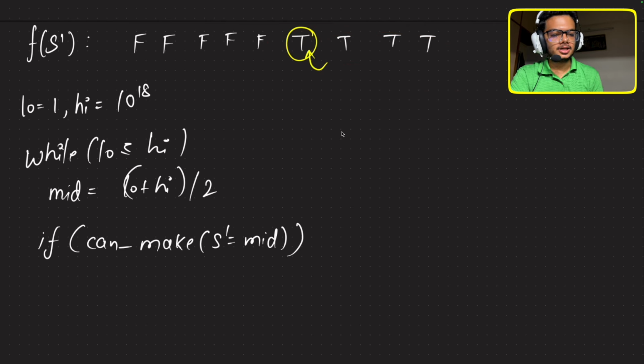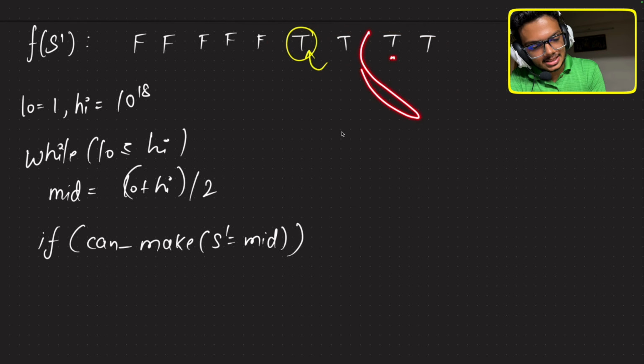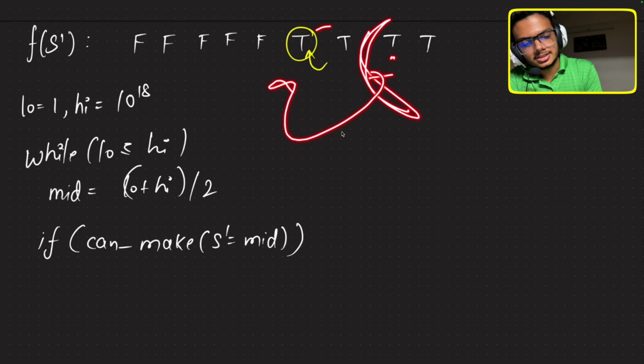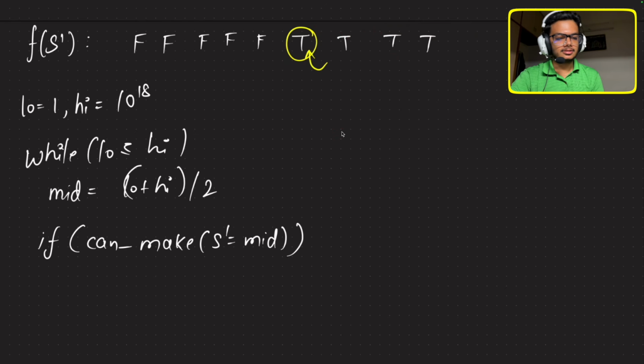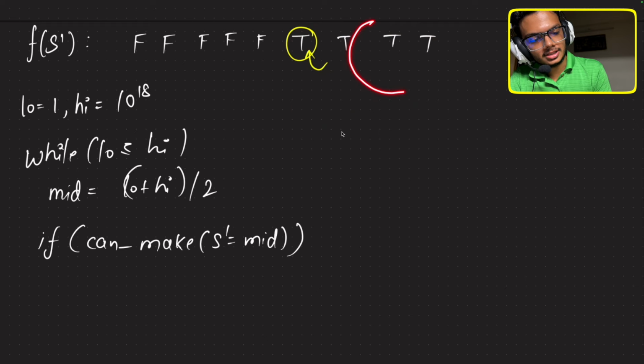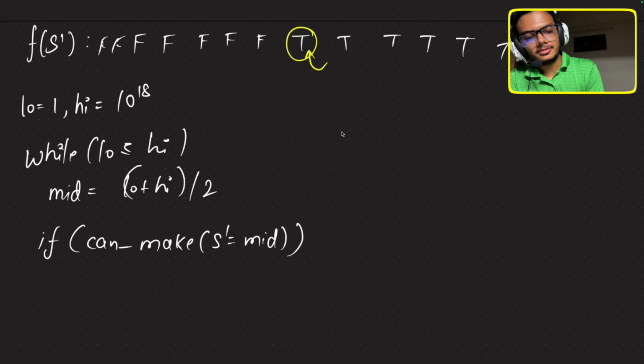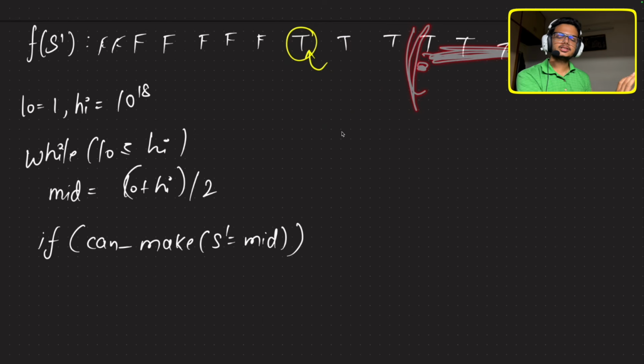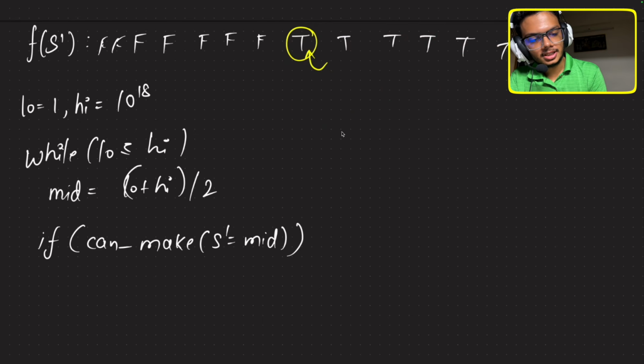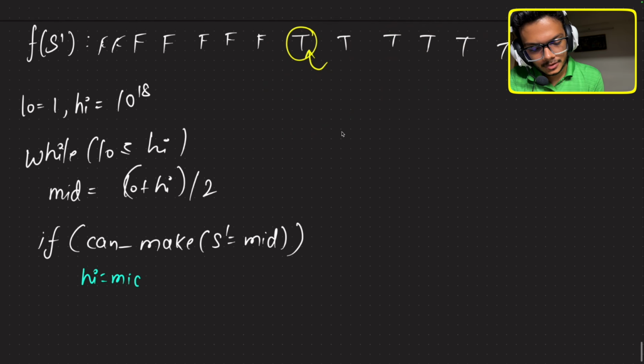If I'm somewhere in this part, it means I have to discard the right half and only search in this direction, because I'm after the first true, right? If I'm in this half, you know that there are a lot of trues afterwards. So if your mid lies somewhere here, you can happily discard the portion afterwards and search in the left portion, right? So here, you can make high equals mid minus 1.